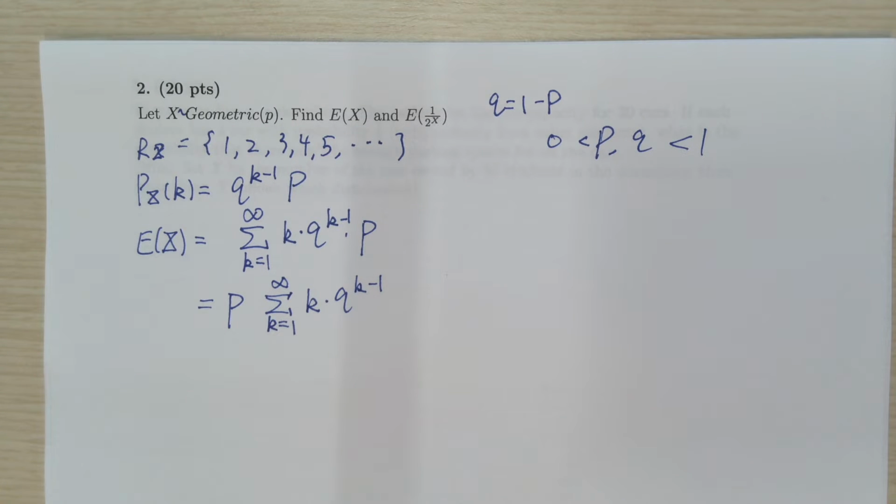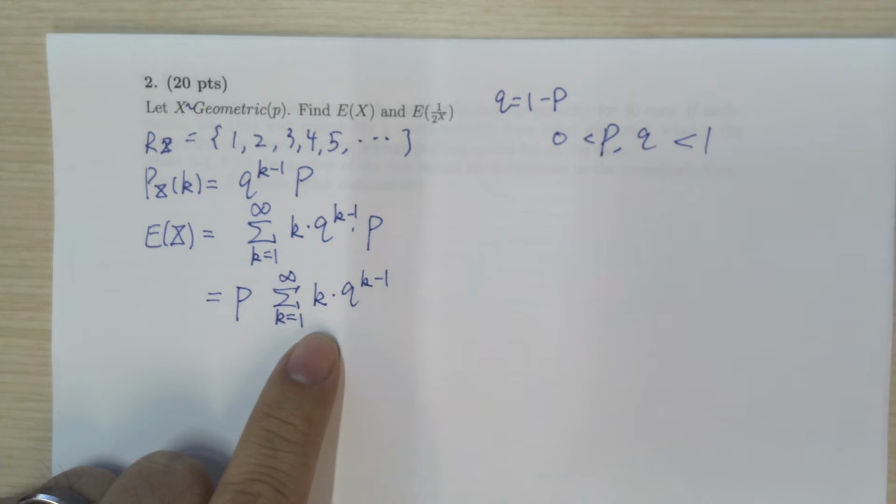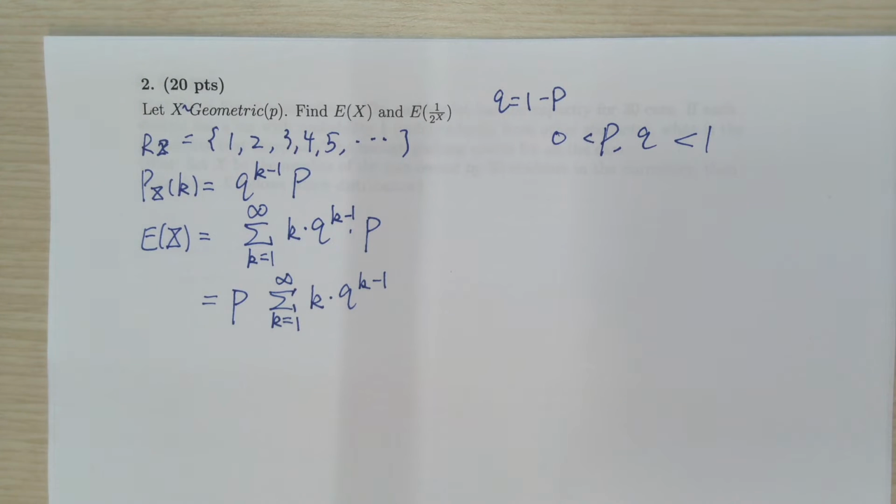So now things become slightly tricky. Why? Because apparently we're looking for the sum of this series, and it turns out that to figure out this sum, we need some result from the series pieces.